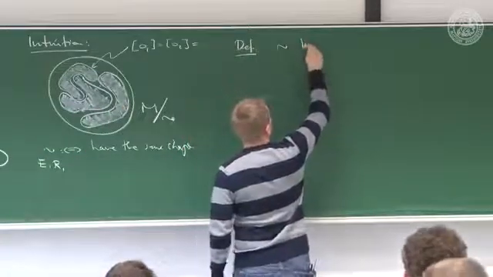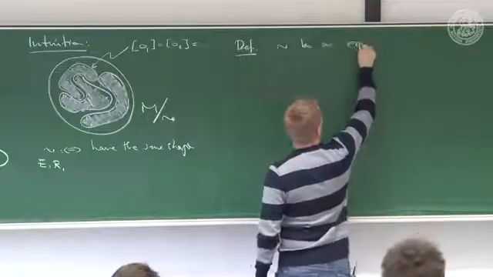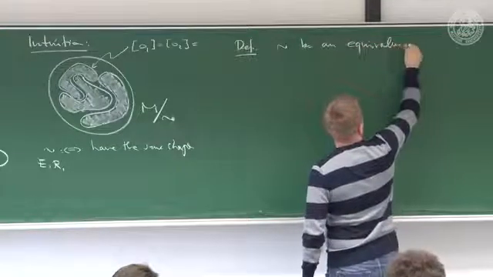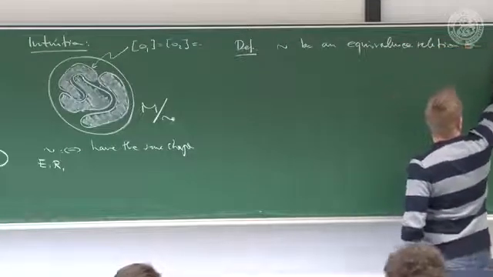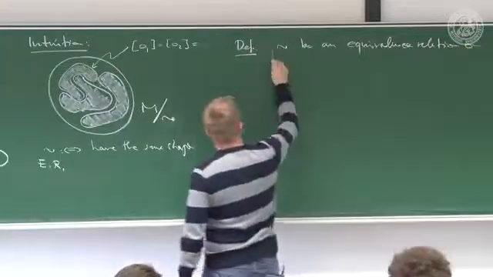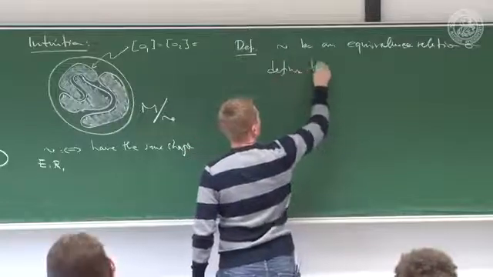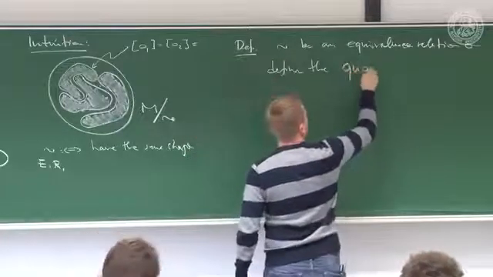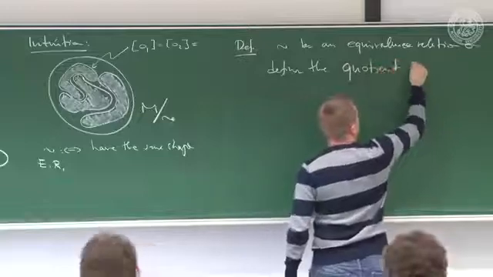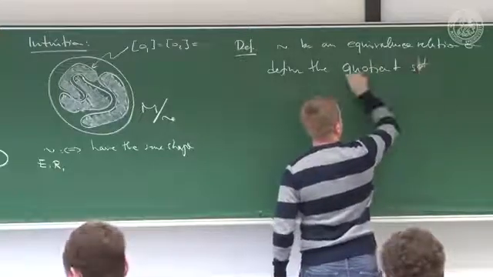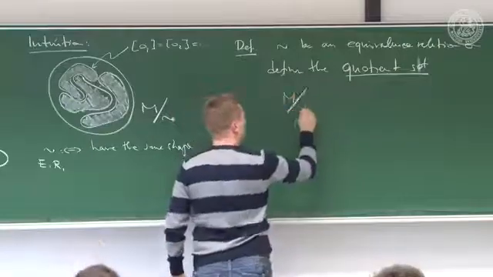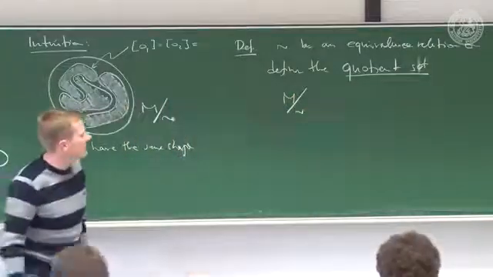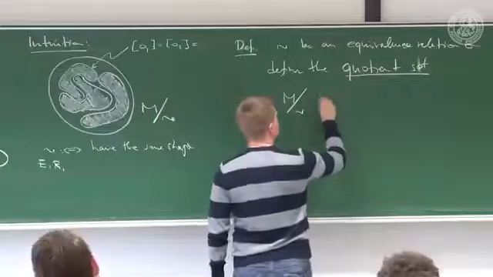Let twiddle be an equivalence relation on M. Then we define the so-called quotient set. I already introduced the symbol. It's M modulo twiddle. Looks very dangerous, but it's very simple.